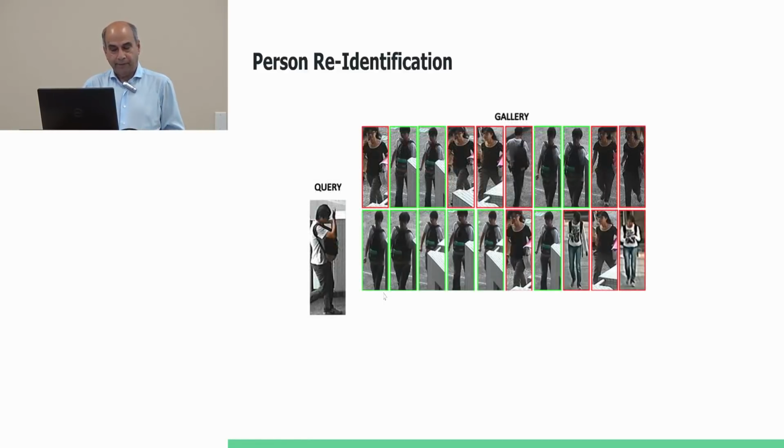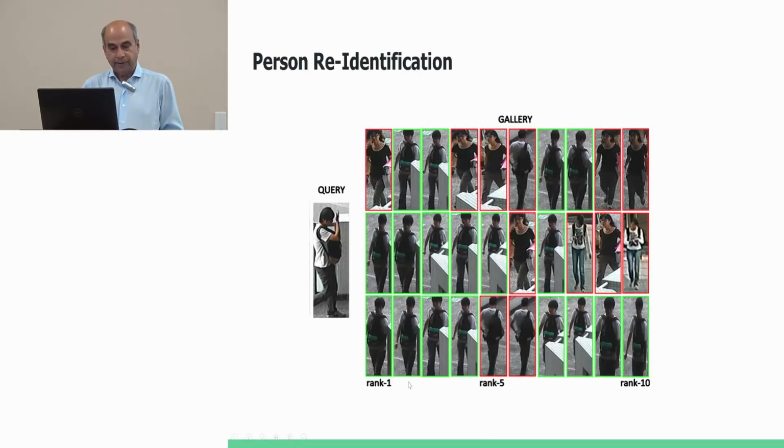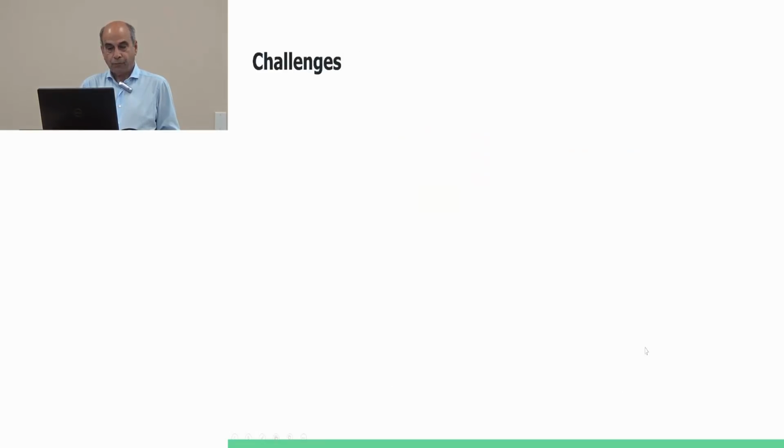And this is the refined version, another method. We get quite a few correct matches. And then this is another version of the method. So these matches are sorted. This is the first best match, the next best match, and so on. That's called rank. This is rank 1, and then this is rank 10.